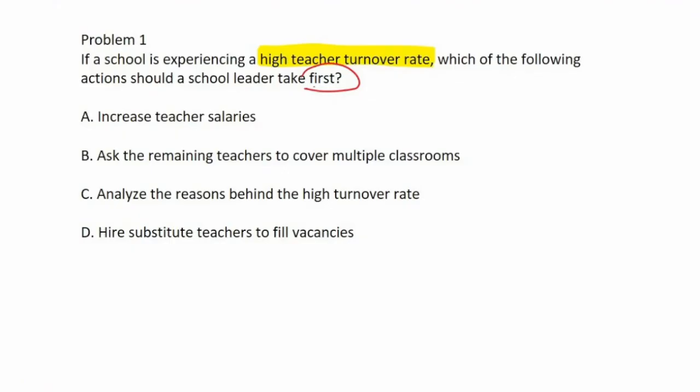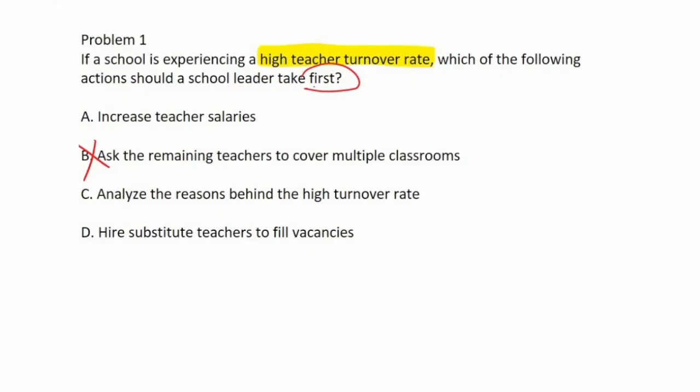Some of these, as we'll see, are more like just temporary solutions that aren't really going to help that school leader altogether. For example, asking the remaining teachers to cover those classes, not only is that going to cause more problems, even maybe more turnover, but it's really just a temporary band-aid to cover up the issue.